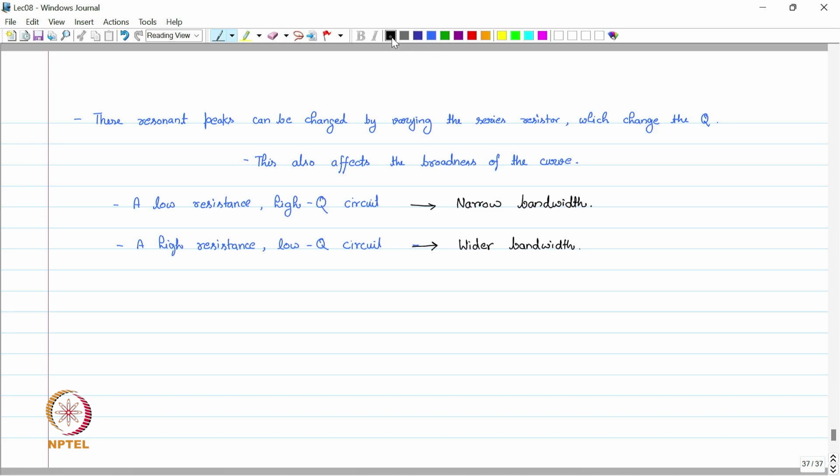So if we plot these characteristics for a series resonant circuit, we get something like this.